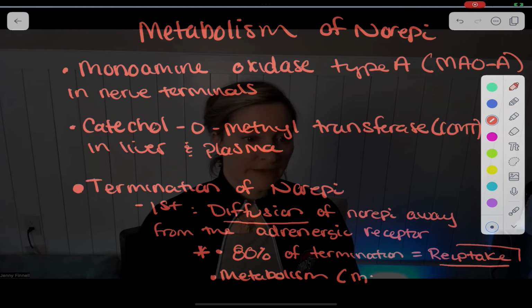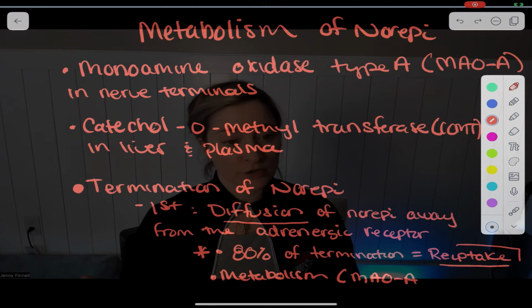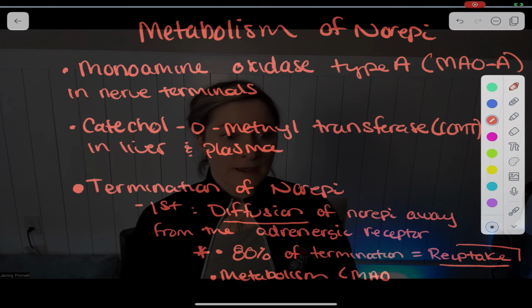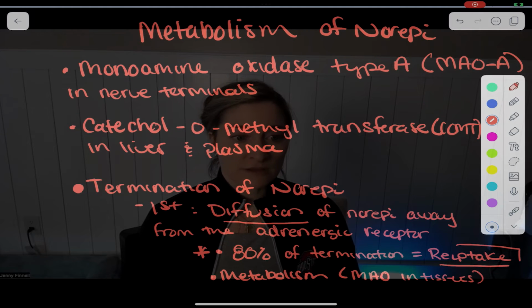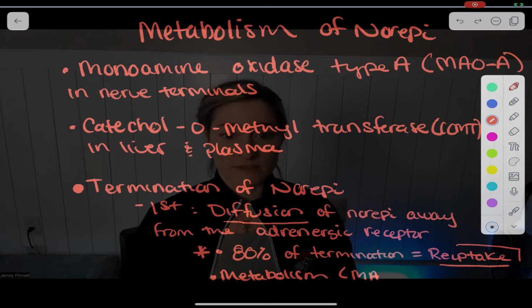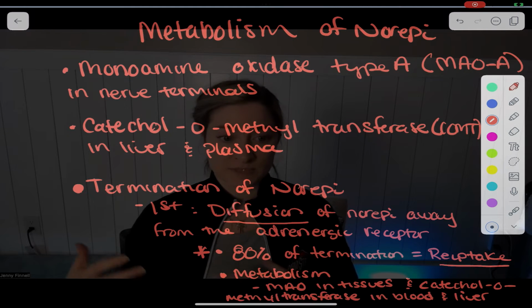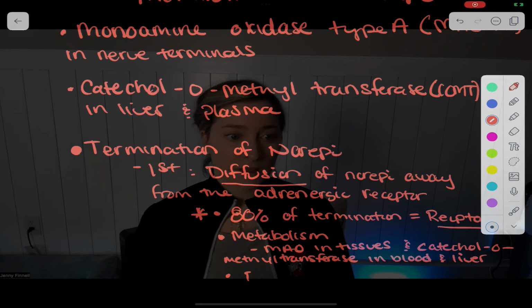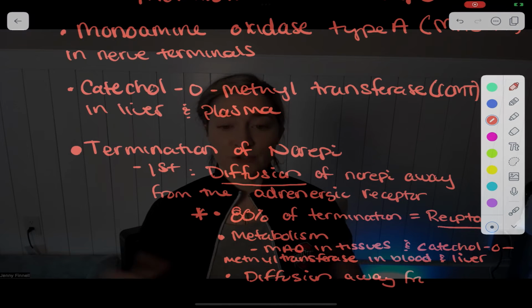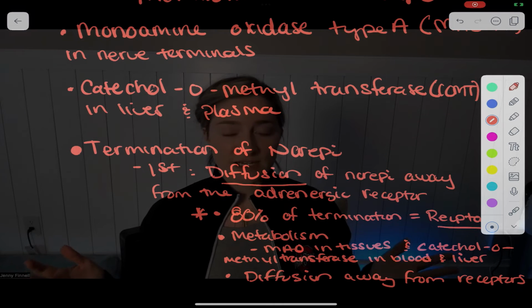Then you, again, have your metabolism, which we already kind of went over, which is the MAO, as well as the COMT, that, again, breaks down this drug both in the blood and in the liver. This is where the metabolism with those enzymes occur in the blood and in the liver. Lastly, you have the diffusion away from the receptors. So let's kind of go over that again.